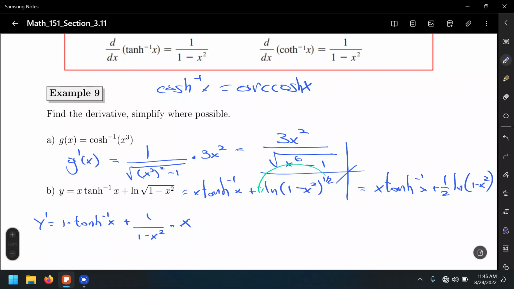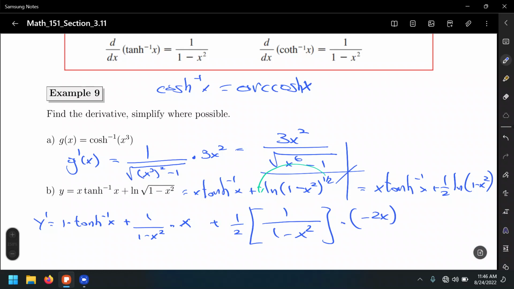So the moral here is that in some cases it's suggested to do some algebra first to make something a lot simpler, so we can differentiate it a lot more easily. So this will be 1/2 times the derivative of the log, 1 over 1 minus x squared, times the derivative of this, which is negative 2x.